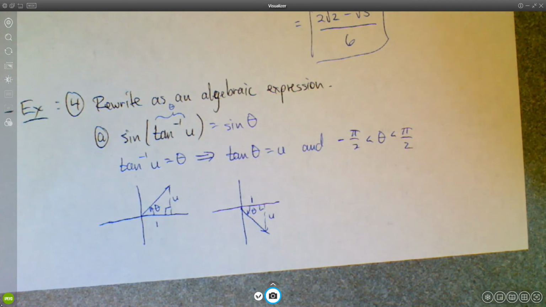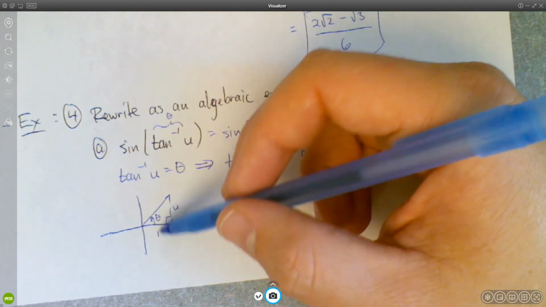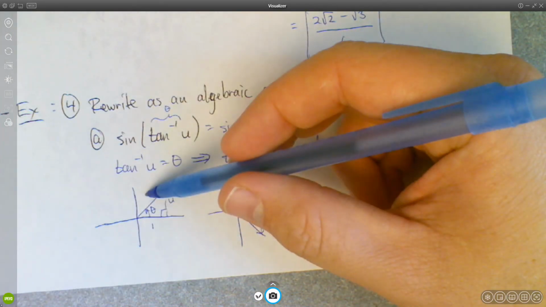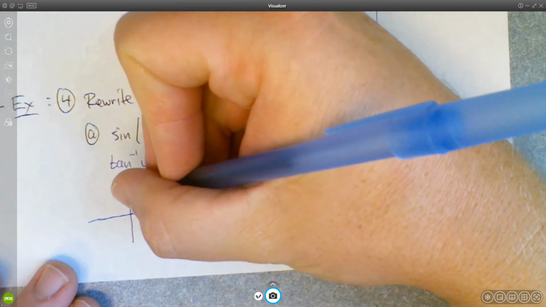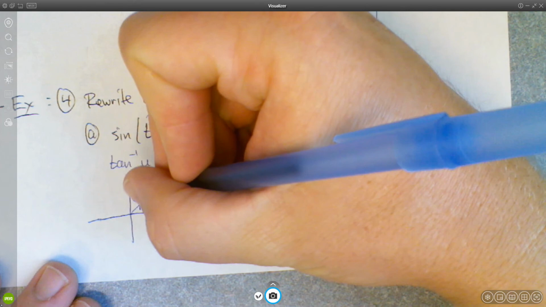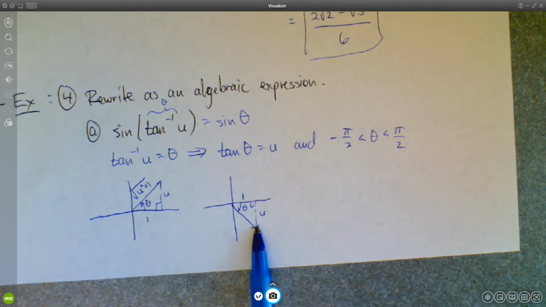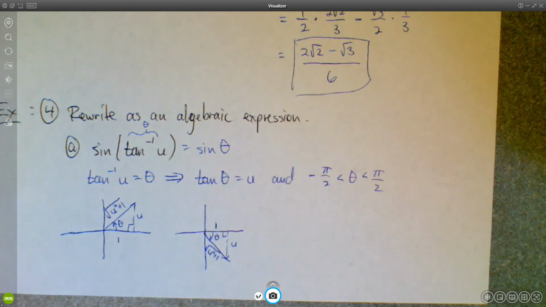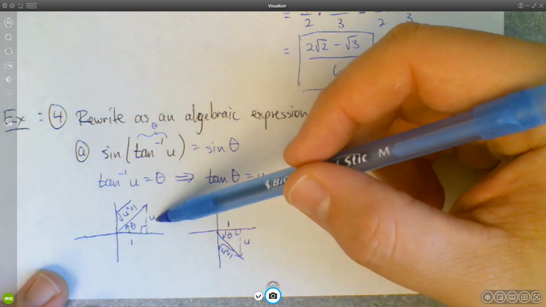Okay, and then if you solve for the missing side, you're going to get u squared plus 1 squared equals that side squared. So u squared plus 1 equals this squared. So this equals the square root of u squared plus 1. And you're going to get exactly the same thing down here. And so notice that in either case, sine theta is opposite over hypotenuse.